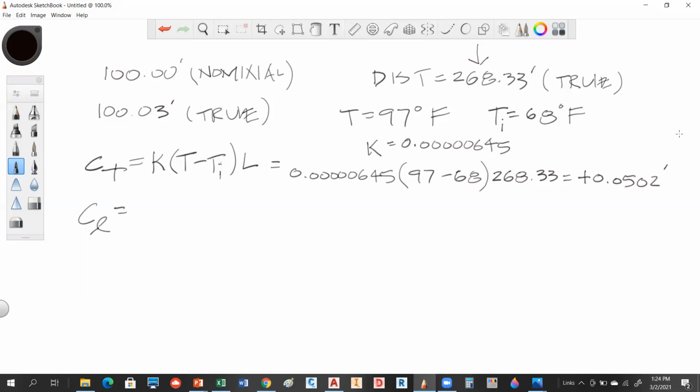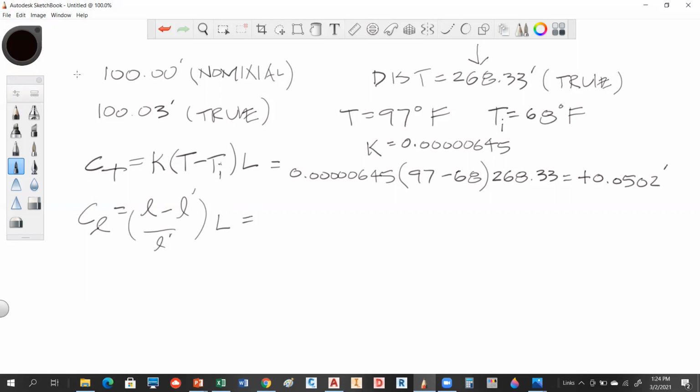Okay. So the correction for incorrect length, remember, it is L minus L prime, divided by L prime, times the length that you're going to use.